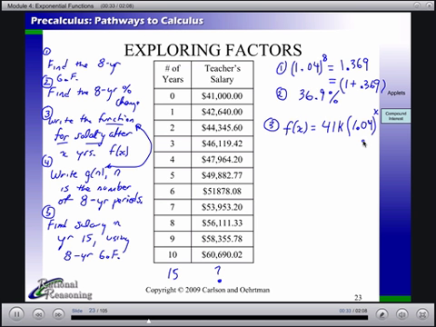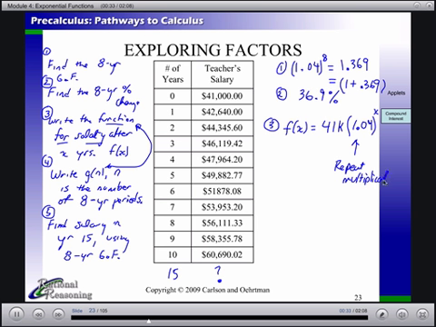So when you see that function, that's what you should see. You should see, I'm going to start with 41,000. I'm going to multiply by 1.04 that many times to get the salary after that many years. Repeated multiplication. That's your image of these functions. Repeated multiplication.